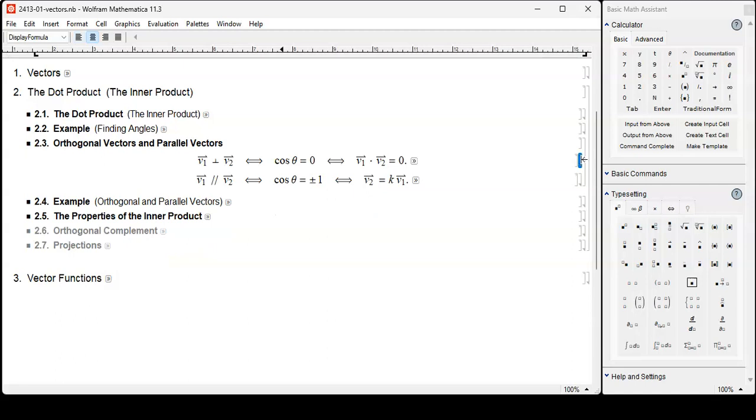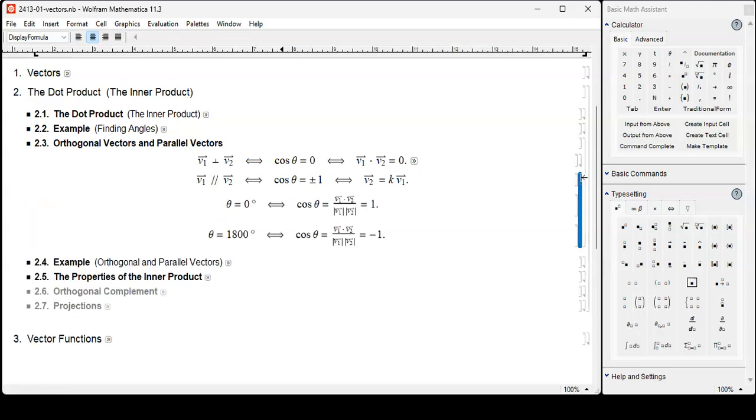When the cosine of theta is positive or negative 1, that means the angle is 0 or 180 degrees. In that case, they are parallel. Oh, excuse me, sorry about the typo here.